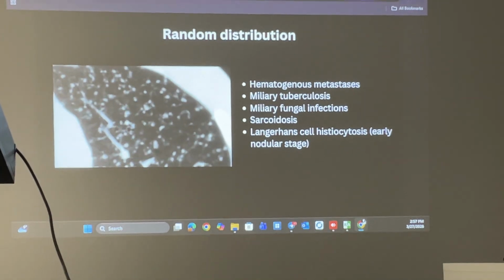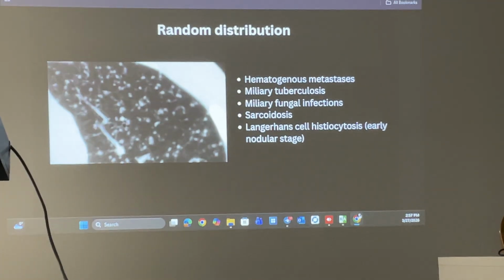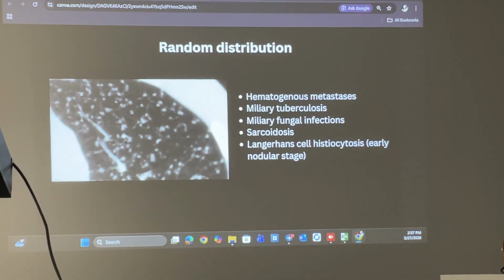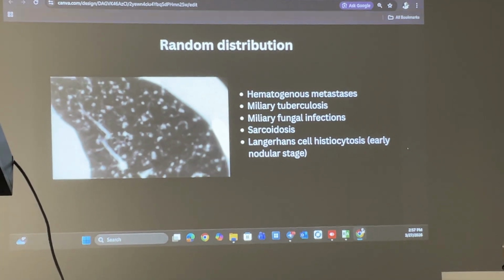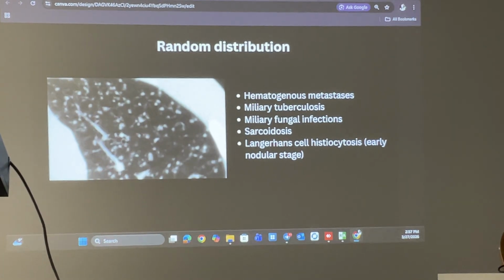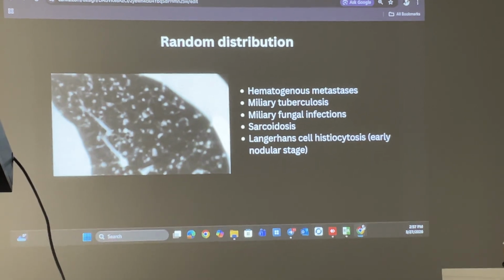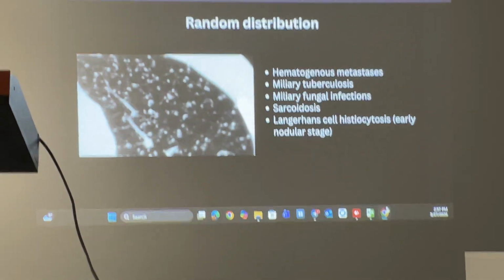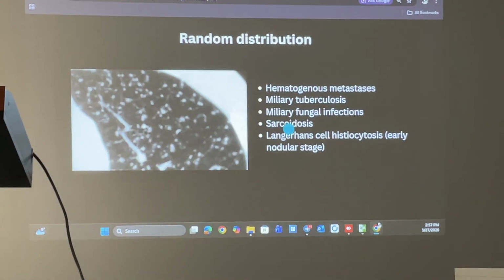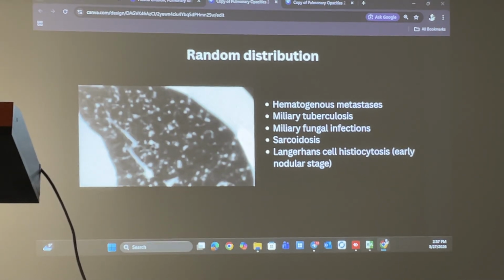And finally, the random distribution in miliary tuberculosis. The random distribution is the result of the hematogenous spread of the infection. Small random nodules are seen in hematogenous metastasis, miliary tuberculosis, and miliary fungal infections. Also in sarcoidosis, Langerhans histiocytosis in early nodular stage.